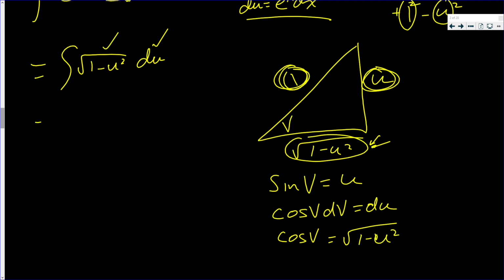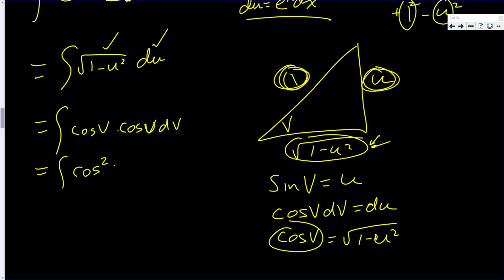So I have that. The square root piece is just cosine of v, and du is cosine of v dv. So this is cosine squared v dv.